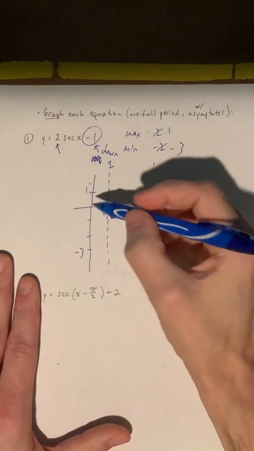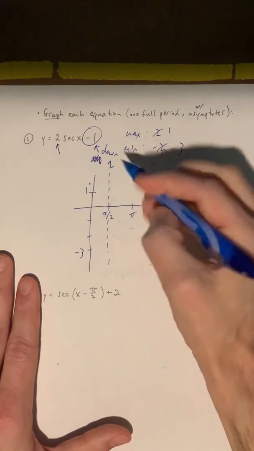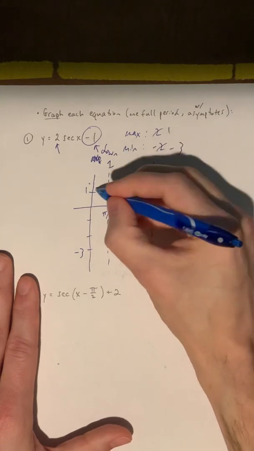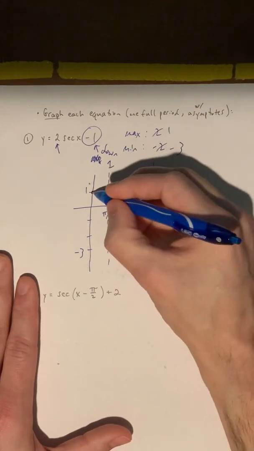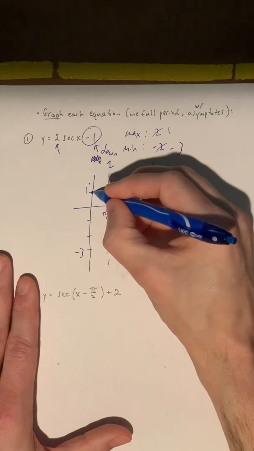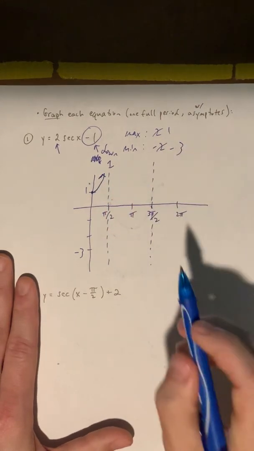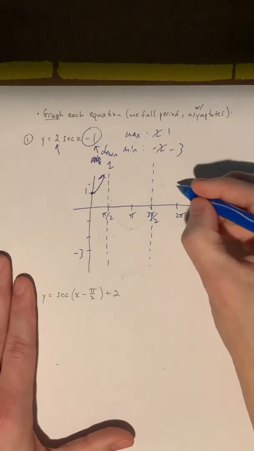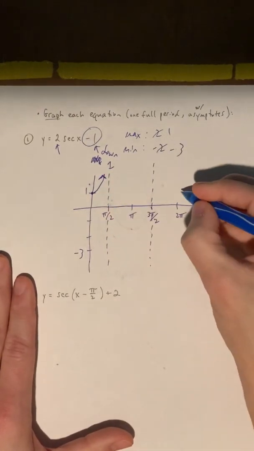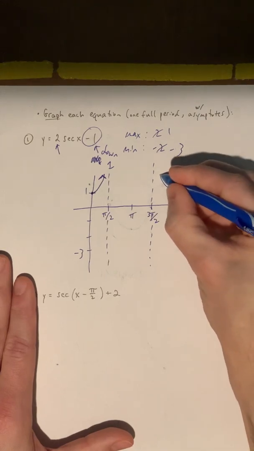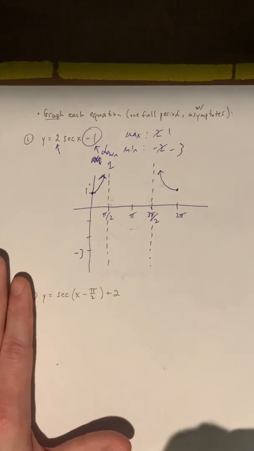All right, so over here, the max is 1, so it starts at 1, but it goes up like we saw on the parent function. We'll just go ahead and do this one over here. While we're at it, also at 1, and it curves up here.